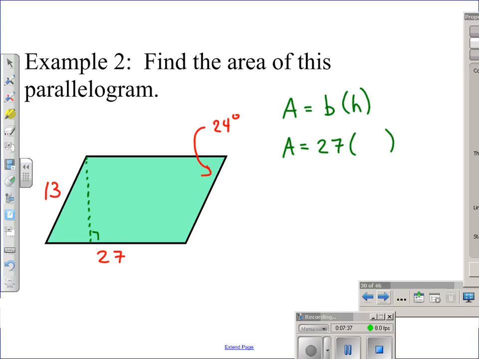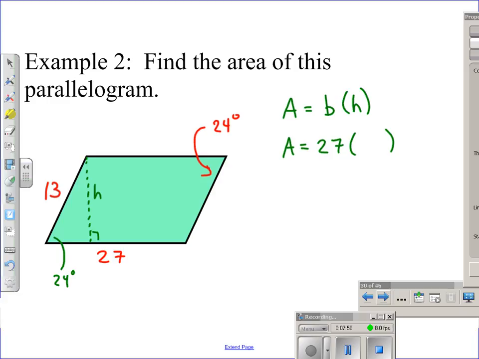If we have a 24 degree angle, we know the angle opposite of that is also 24 degrees. Using that, we can find the height of this figure. We have one angle, and the opposite side, which is our height, is what we're looking for, and since that's perpendicular, we do have a hypotenuse.